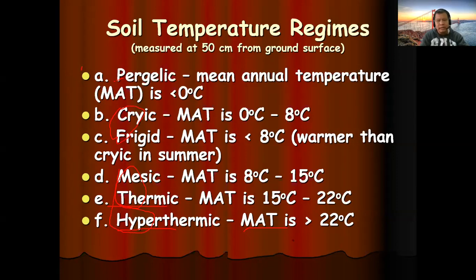So you have pergelic, cryic, frigid, mesic, thermic, hyperthermic. You can have your own code that you can decode later on, because it is important to memorize this. In previous exams, questions like this have come out, so please memorize this.